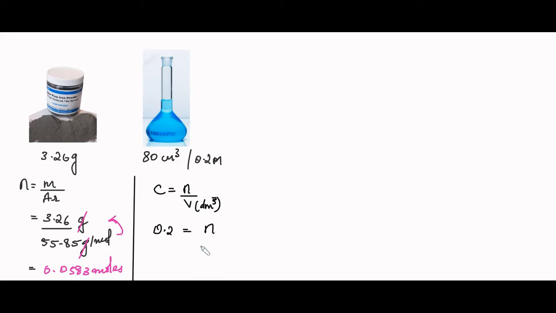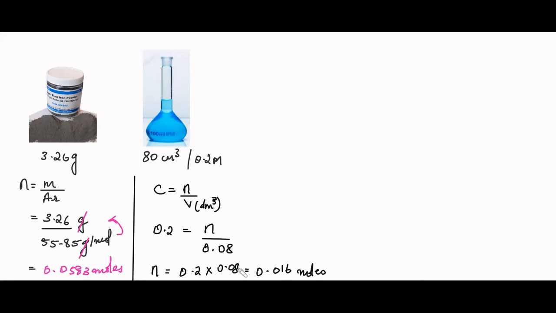That's what we aim to calculate. 80 cm³ is 0.08 dm³. Cross multiplying, 0.2 times 0.08 gives 0.016 moles.